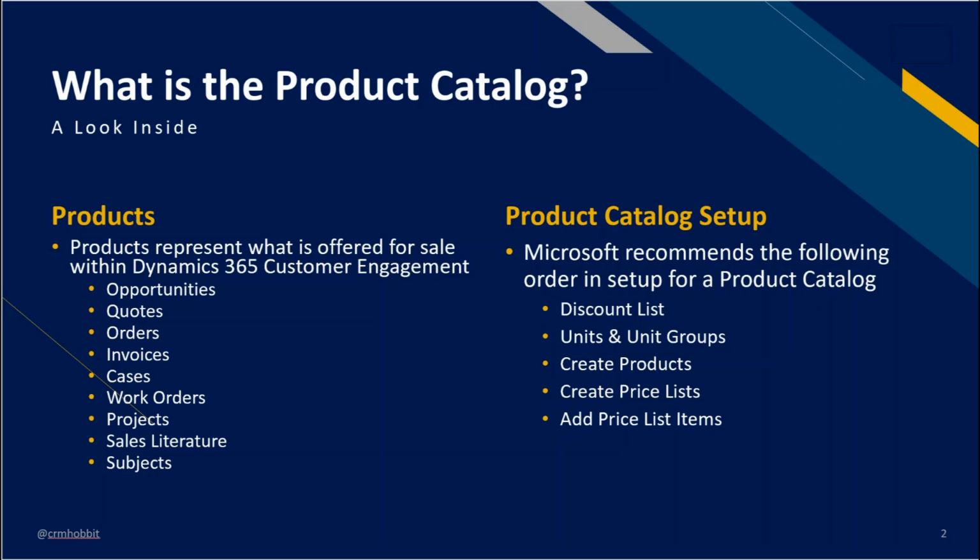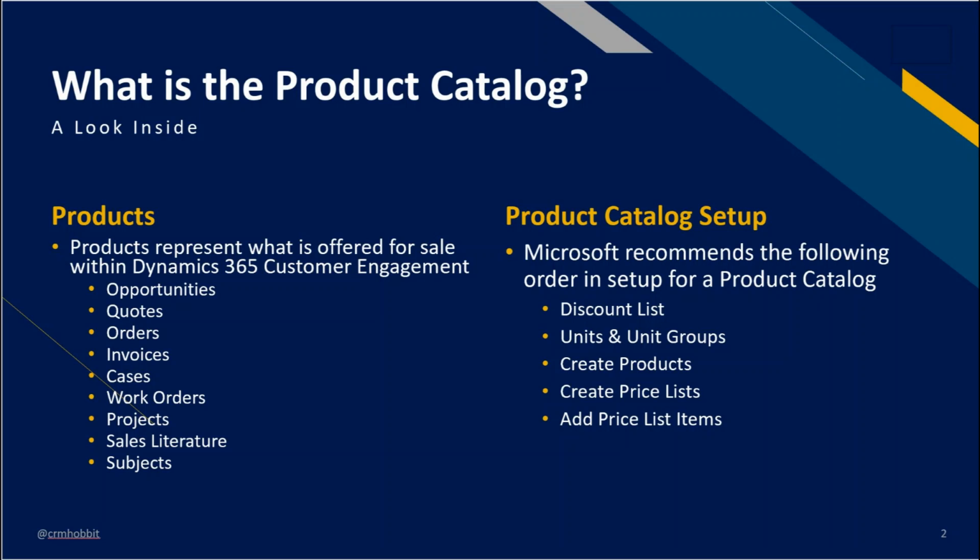So let's talk a little bit about the product catalog. Within the product catalog, this is the best way that you can represent what you offer to your customers via products and services within Dynamics 365 customer engagement. With products, you interact maybe more than you think.